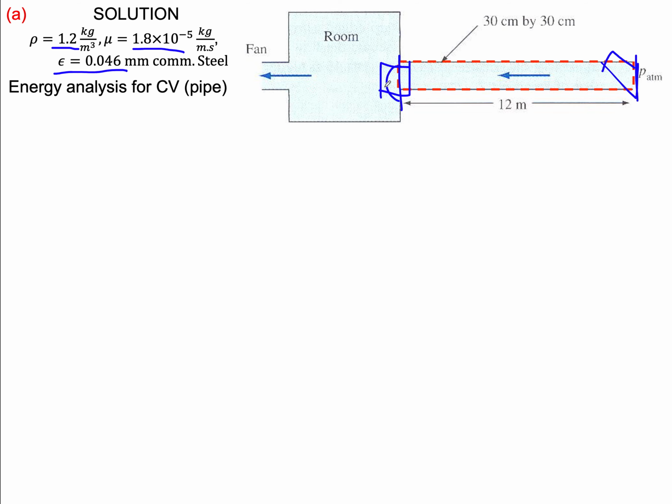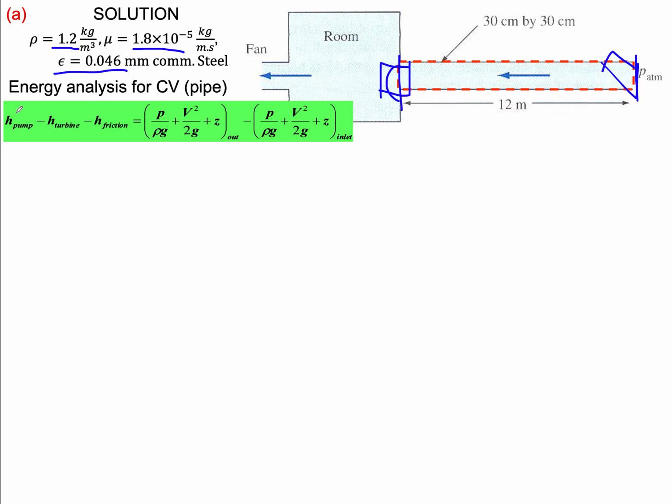So let's pick this red control volume as ours. We don't have a pump, we don't have a turbine. It's a duct of length L and some diameter or hydraulic diameter. So definitely we would have friction. The pressure at the outlet minus the inlet is given as 10 pascal.